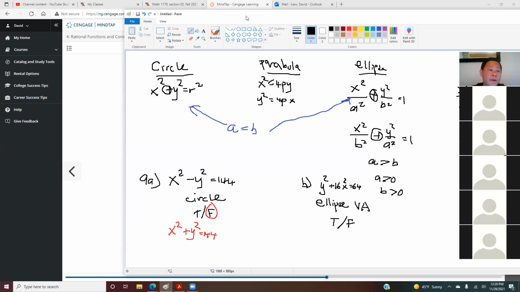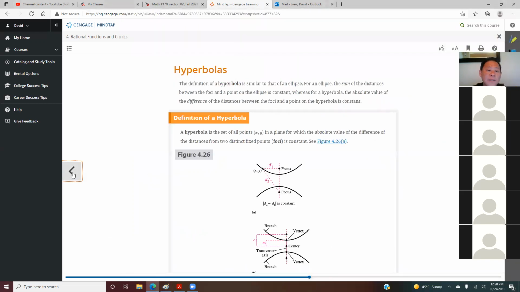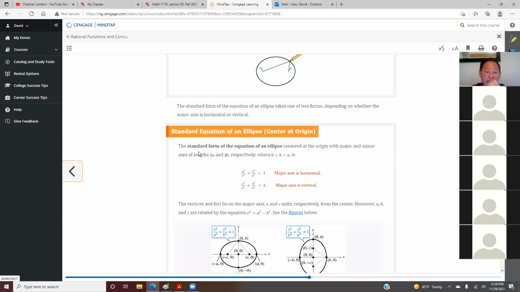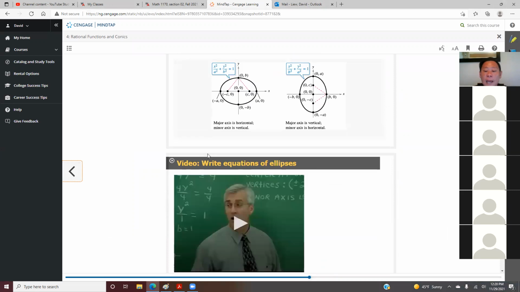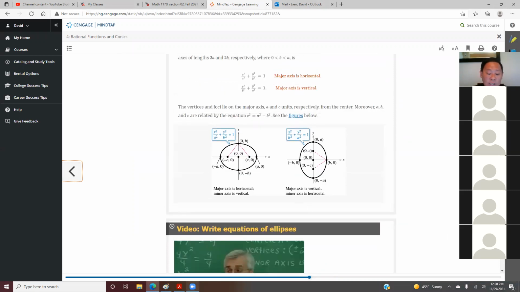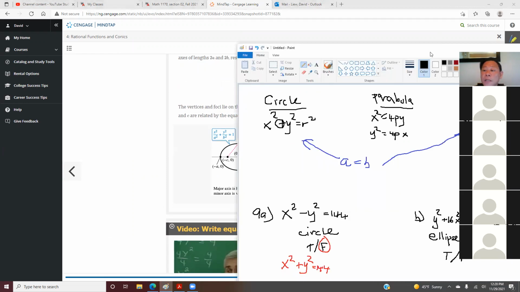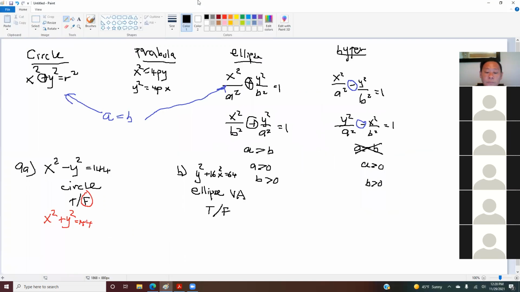So if you remember, for ellipses we got two types, which are these two. And they say that the equation you get has its major axis on the vertical. That means you got this formula. So true or false for question 9b?